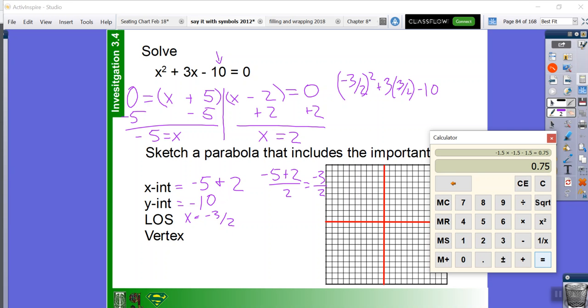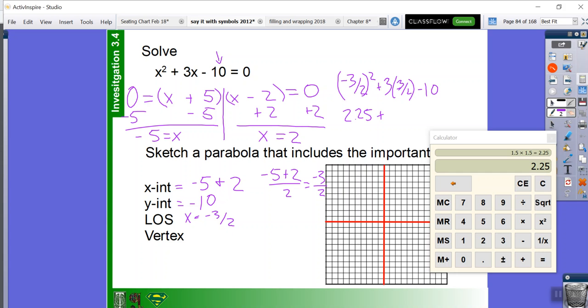And we're going to get, well, that's not right. Negative 1.5 times negative 1.5, and that's going to give us 2.25.